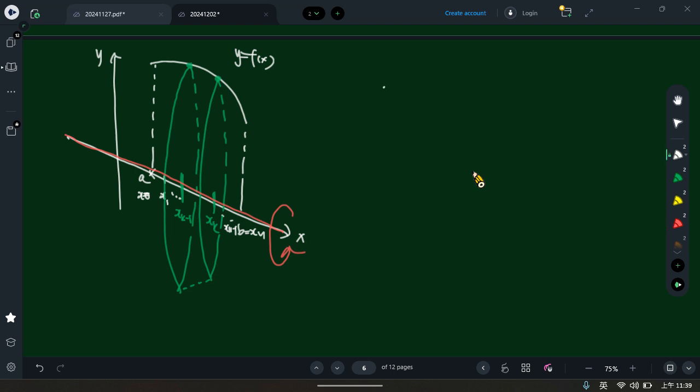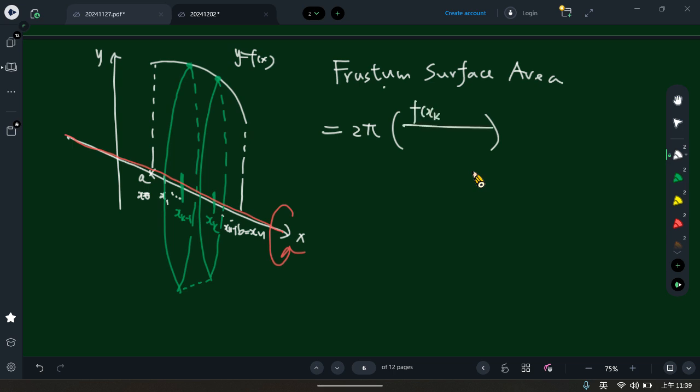So if we want to find the frustum surface area, that will become 2 pi times f of s_{k-1} plus f of s_k divided by 2.